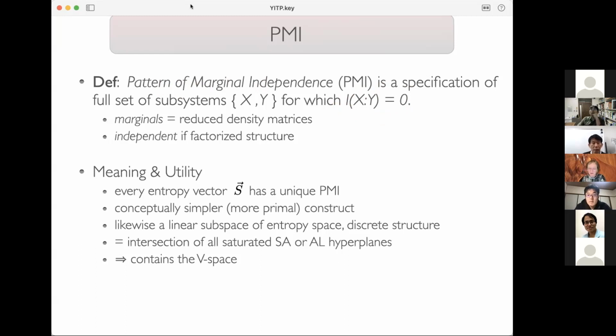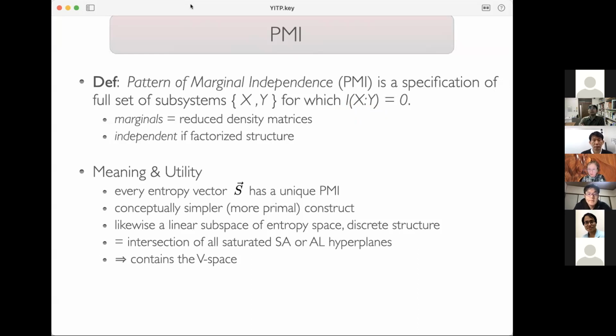And we want to ask which of these mutual informations, between any composite subsystem and any disjoint composite subsystem, can vanish simultaneously. Each of those vanishings specifies a hyperplane, and now we're on the intersection of these hyperplanes. Again, each entropy vector would have a unique such pattern of marginal independence, a unique set of mutual informations that are zero, but it's a more primitive construct than the Vspace because we only care about these mutual informations and not about other information quantities.